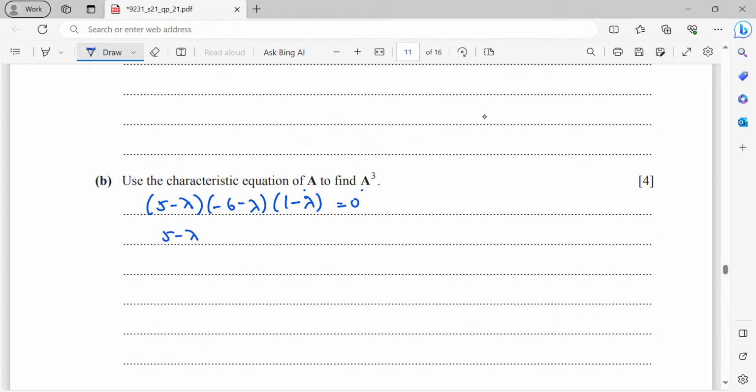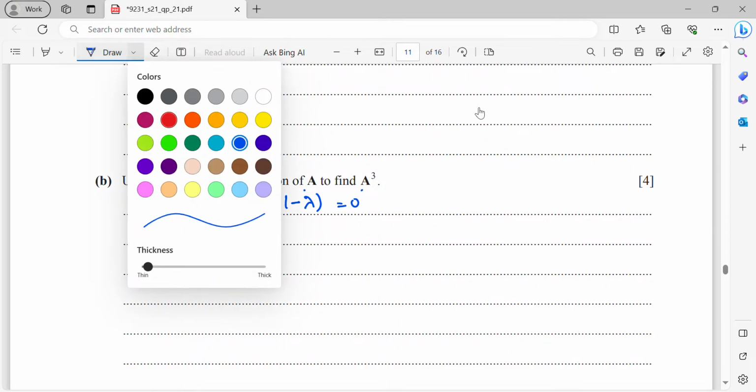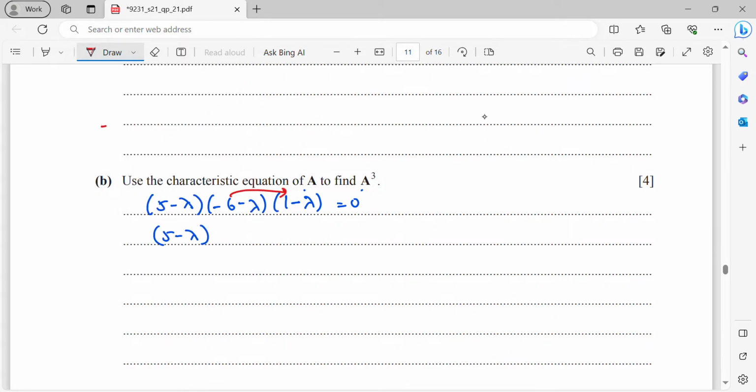So I expand the last two brackets, or last two factors. When you do the expansion, you get minus 6 plus 6 lambda minus lambda plus lambda squared equals to 0. Then this can be simplified into lambda squared plus 5 lambda minus 6 equals to 0.